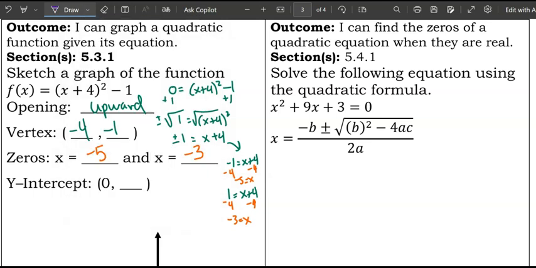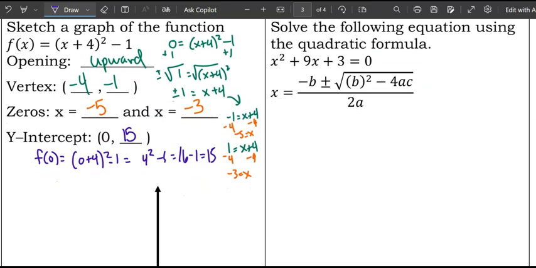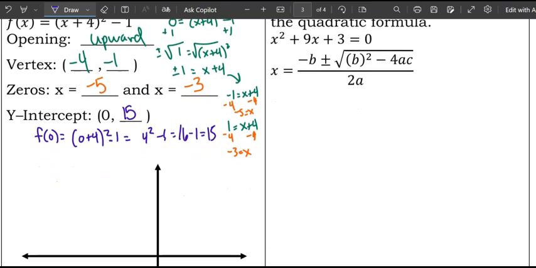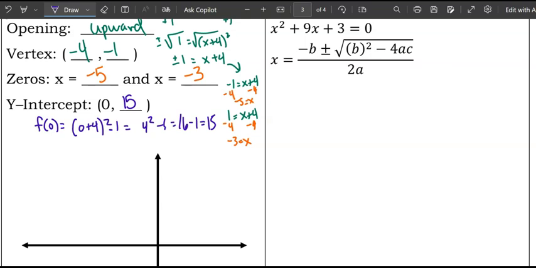And then to get the y-intercept, we'll plug in 0 for x and evaluate it. That's 15. So your y-intercept is (0, 15). After we've found those characteristics, it is now easy to draw a sketch of the graph.